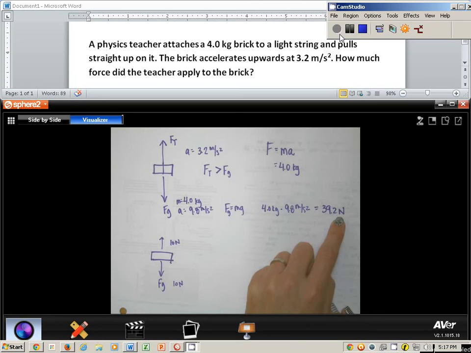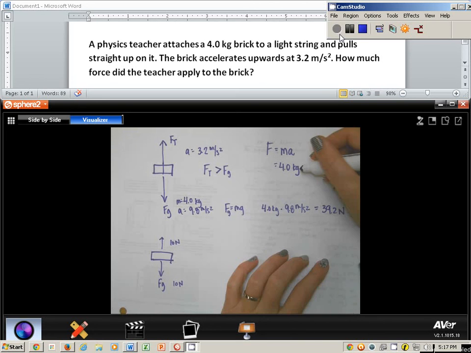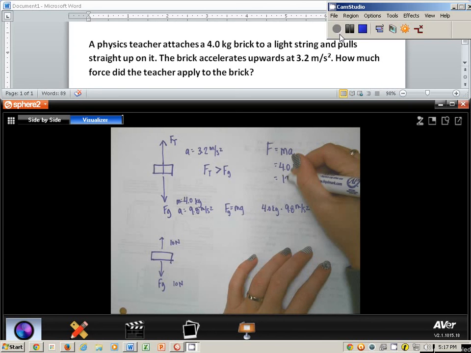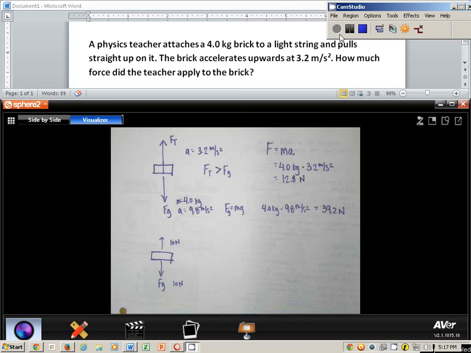So if I take my 4 kilograms and I multiply it by 3.2 meters per second squared, that gives me a force of 12.8 newtons. So there's kind of two forces going on at the same time.